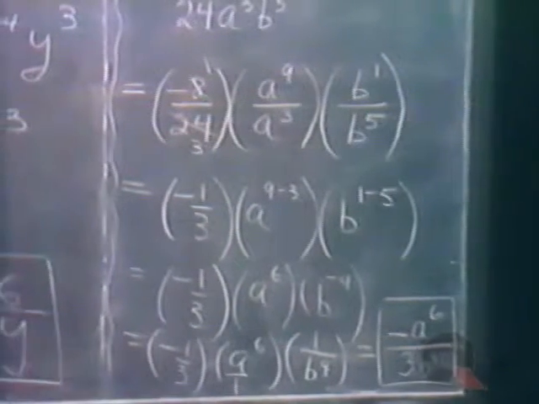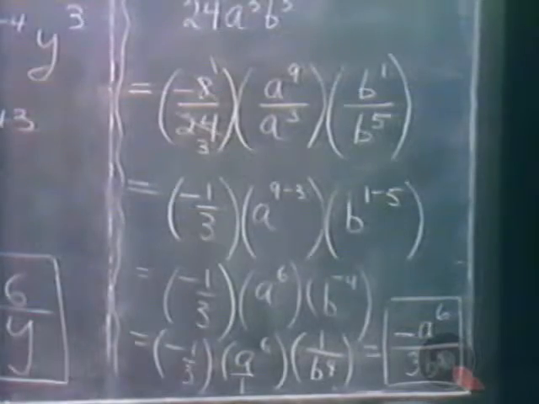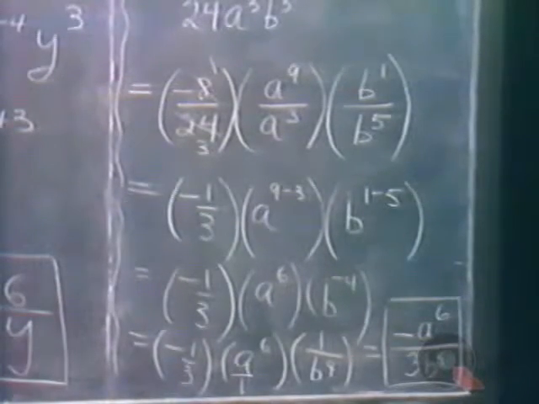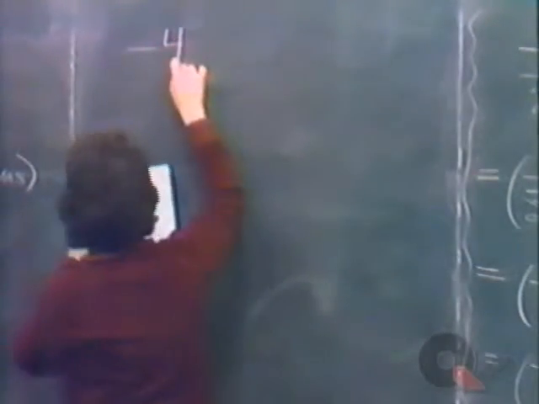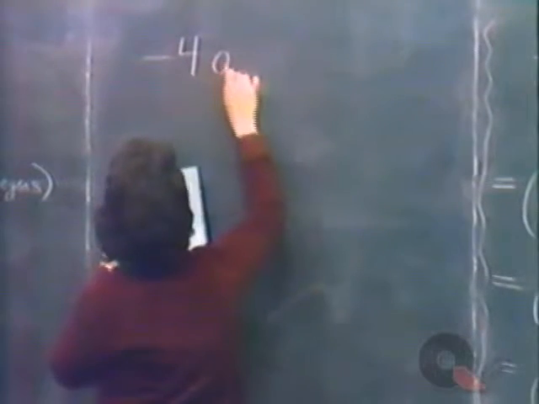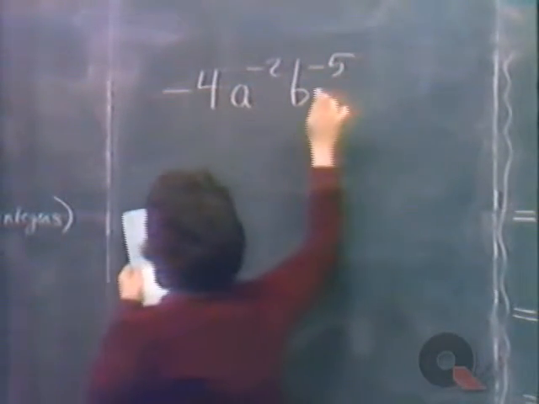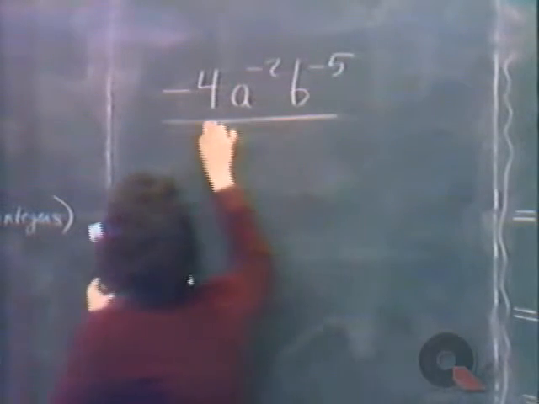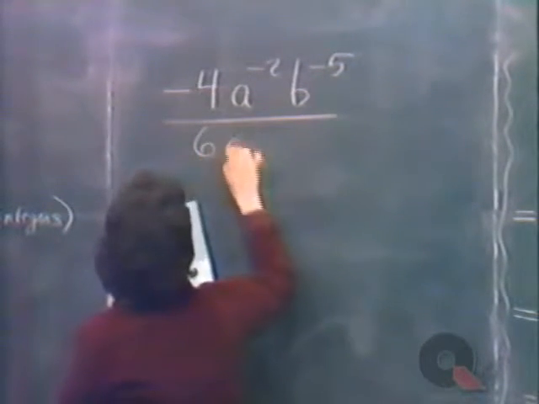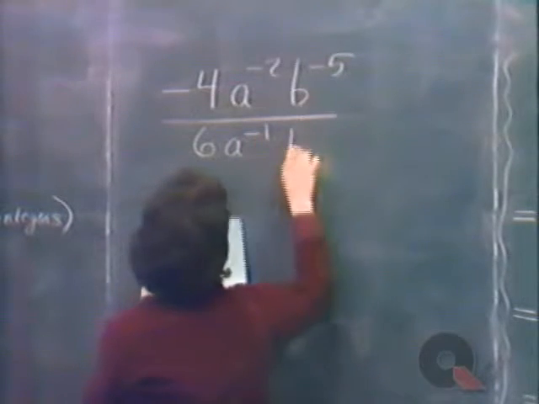Now let me give you an example with negative exponents where it's much easier to use the rules than to try to cancel. The same kind of format as the last problem, but now we'll have negative exponents. Minus 4, a to the minus 2, b to the minus 5, over 6, a to the minus 1, b cubed.